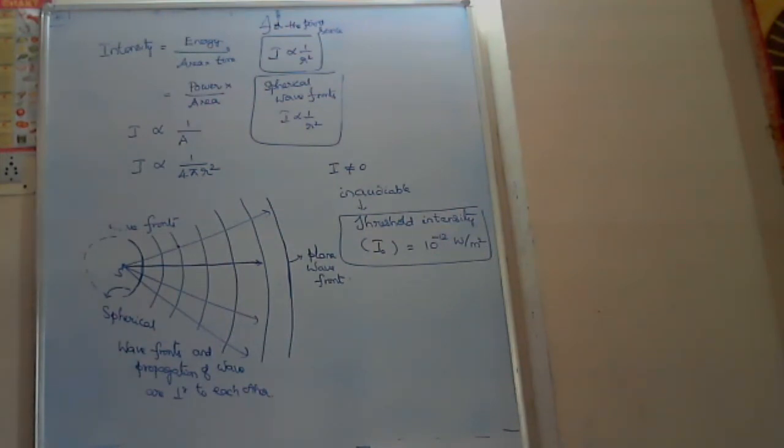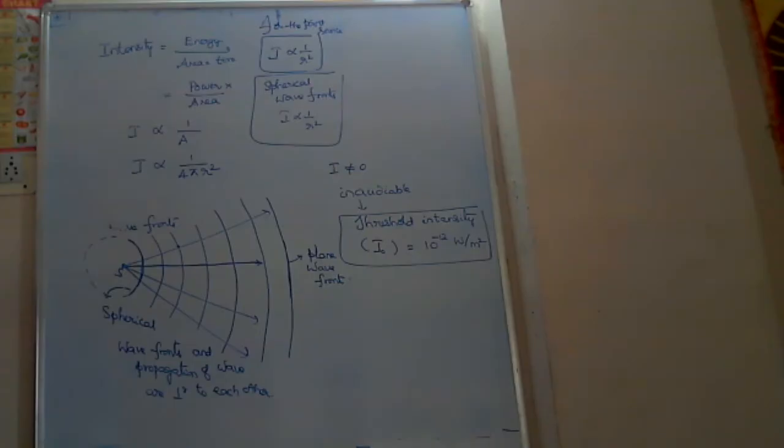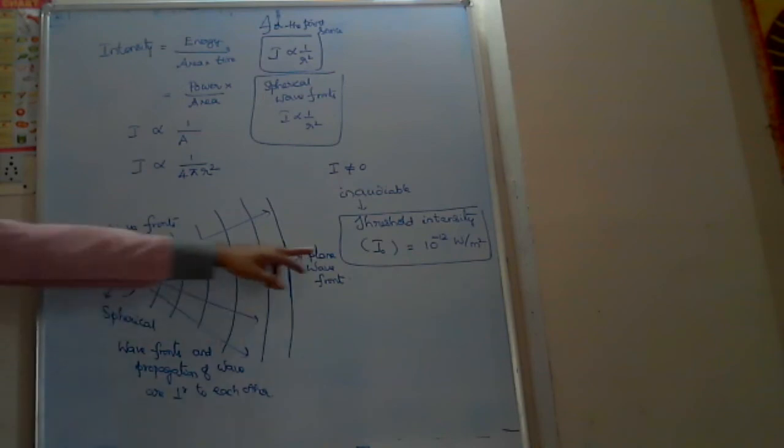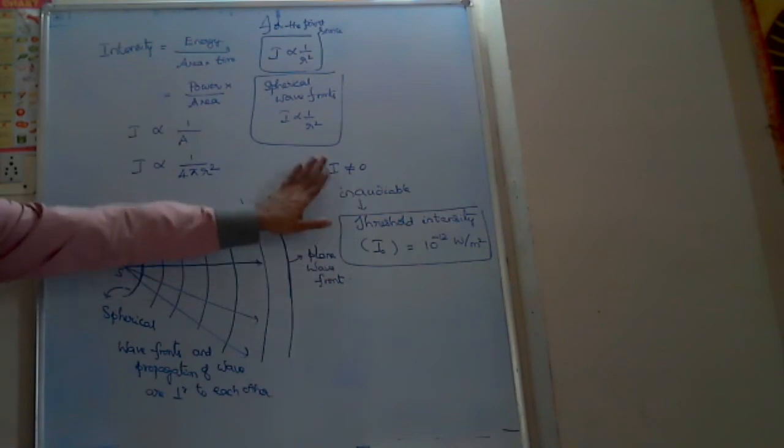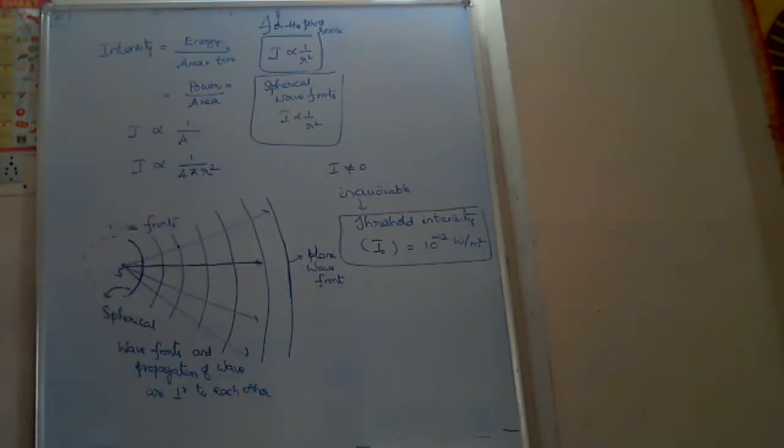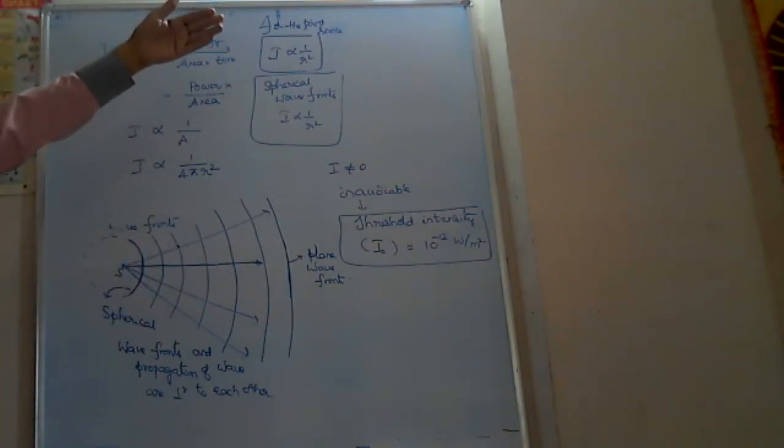Then here we generally ask, sir, the human can hear sounds from what upper limit to what lower limit? Means from what maximum intensity to what minimum intensity. Minimum intensity I already told: if the intensity is less than this value, it becomes inaudible, you can't hear, but it is not equal to zero. Then what is the maximum upper limit?